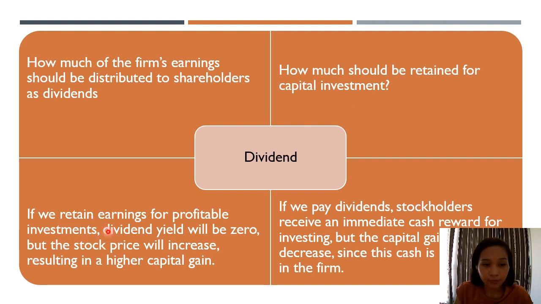If we retain earnings for profitable investments, then the dividend yield will be 0, but the stock price will increase, which will result in a higher capital gain. But if we take it the other way, if we pay dividends, stockholders receive an immediate cash reward for investing, but the capital gain will obviously decrease since the cash is not in the firm.